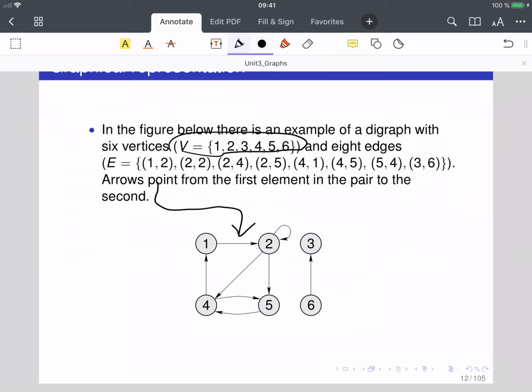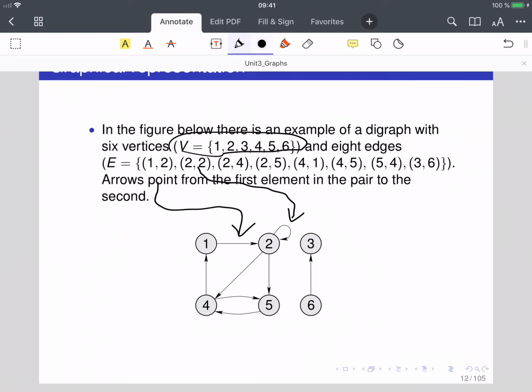Okay, also notice that here we can have loops. We were saying before that in undirected graphs we cannot have loops, but here in directed graphs we can have loops. Okay, so for instance 2, 2 is going to be this loop here that starts in 2 and ends in the same vertex.